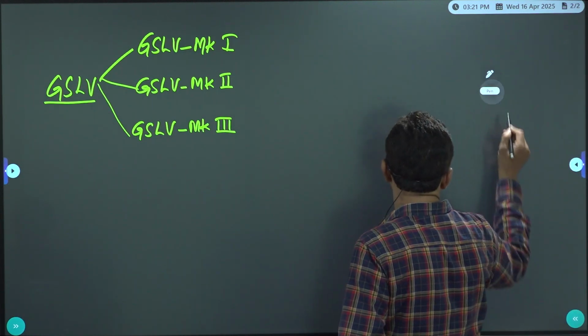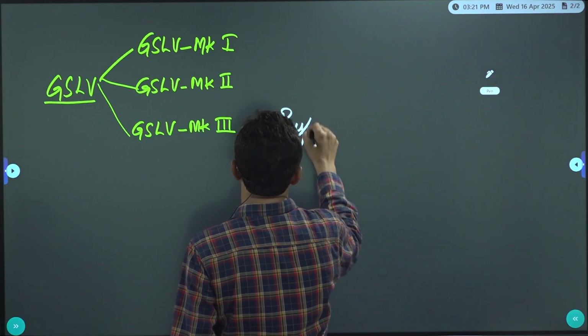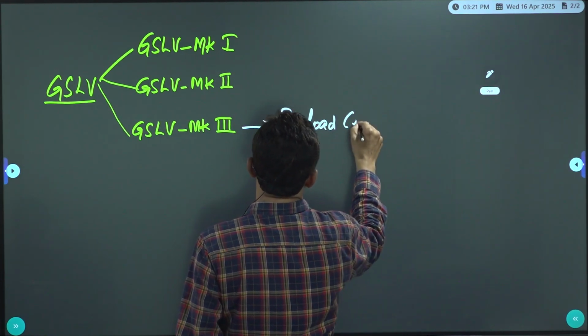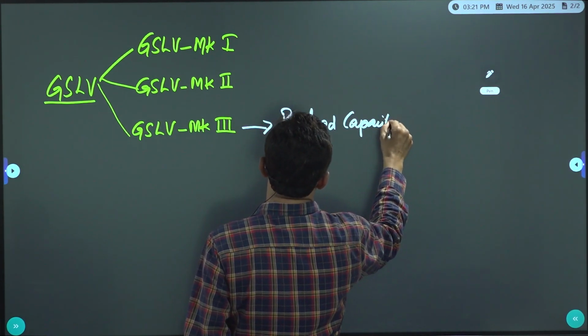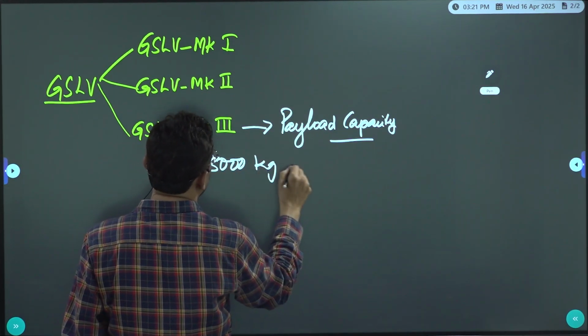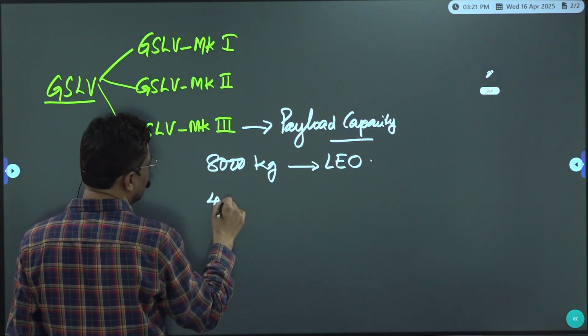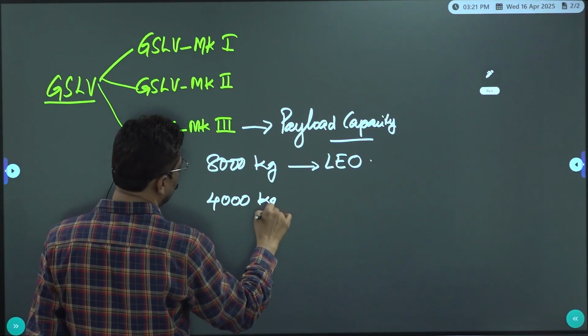It is an advanced version. Its payload capacity is 8,000 kgs of payload to LEO, low Earth orbit, and 4,000 kgs of payload to GTO.